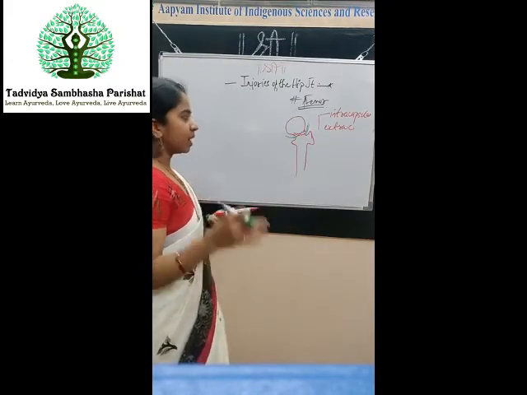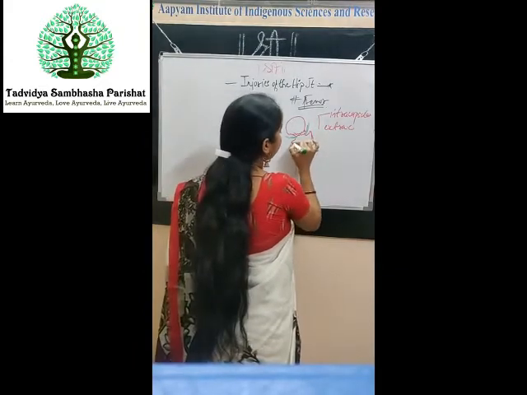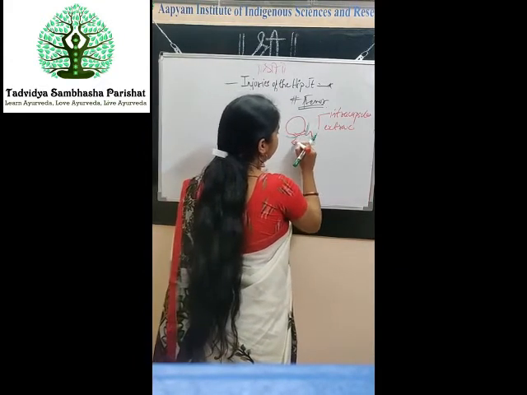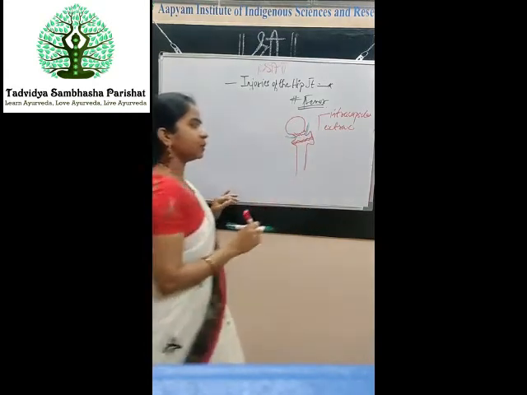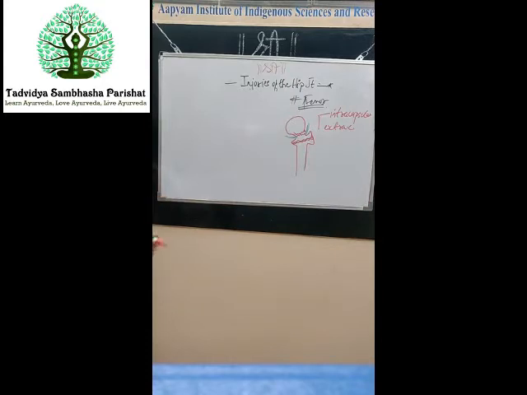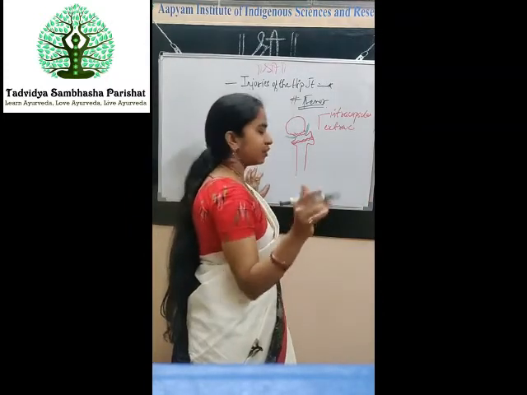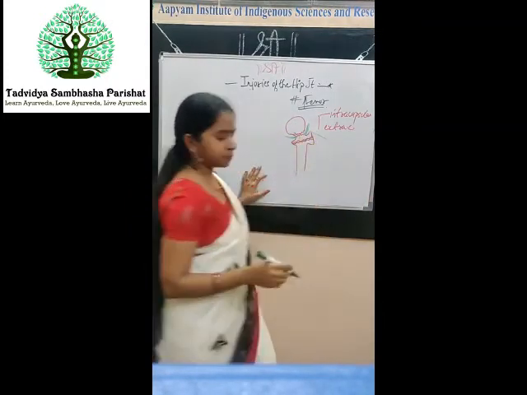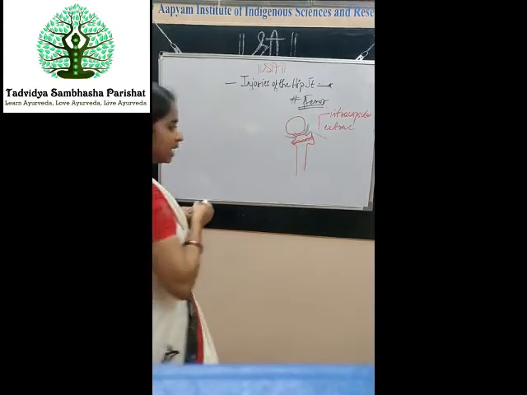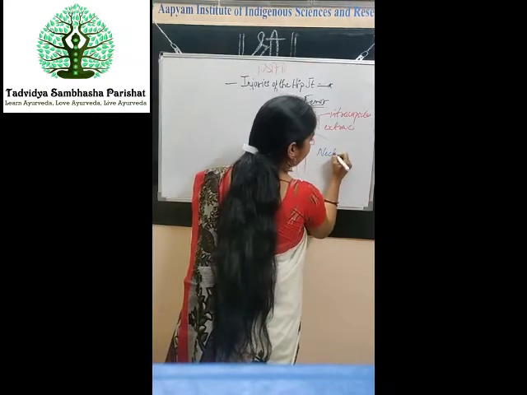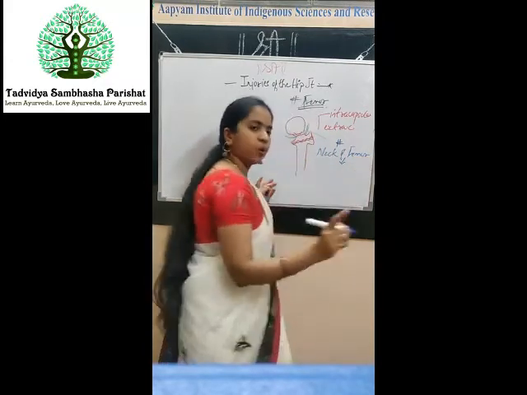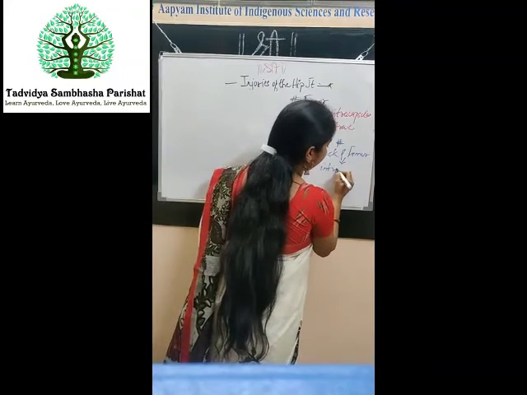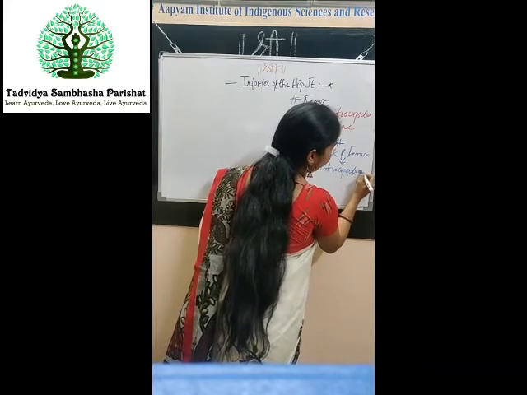Now extracapsular is when it happens between the trochanters, which is outside the capsule. But when we are referring to the fracture neck of femur, it always refers to the intracapsular. So if you are saying that it is a fracture neck of femur, then remember it always goes for an intracapsular fracture.